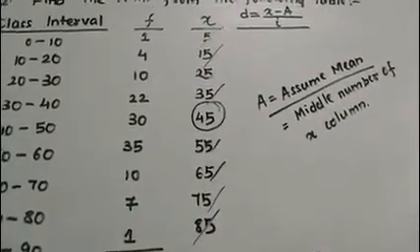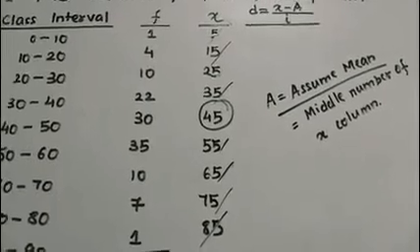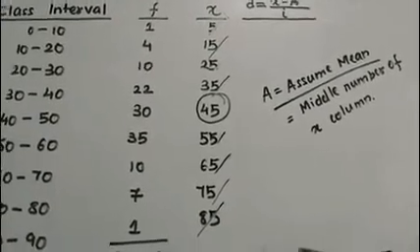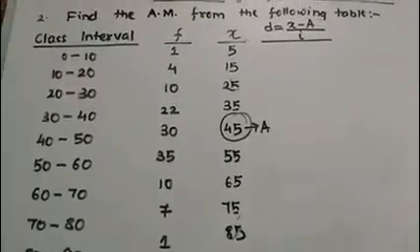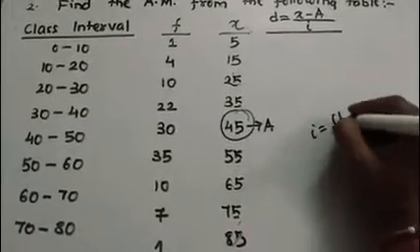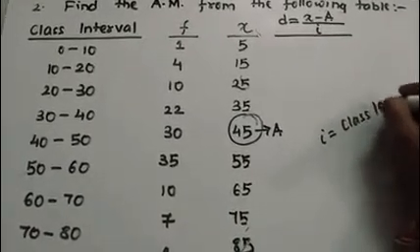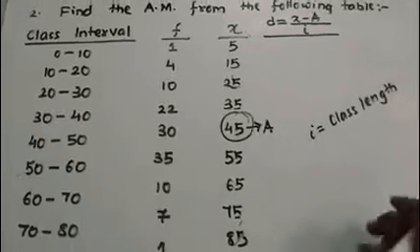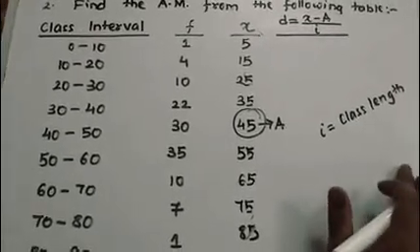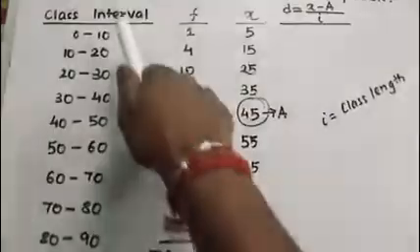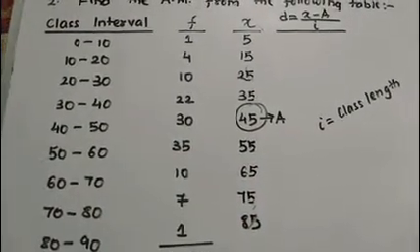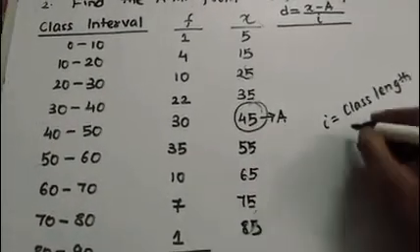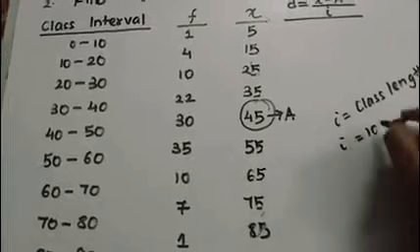So 45 is the assumed mean, that is the middle number of the x column. And i is defined as the class length. Class length means upper class minus lower class. Here each class interval has the same class length, that is, the difference is 10. So i is 10.